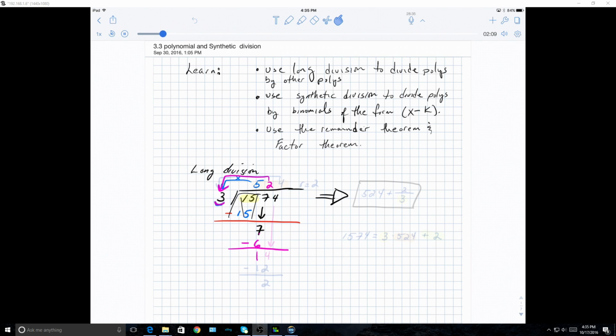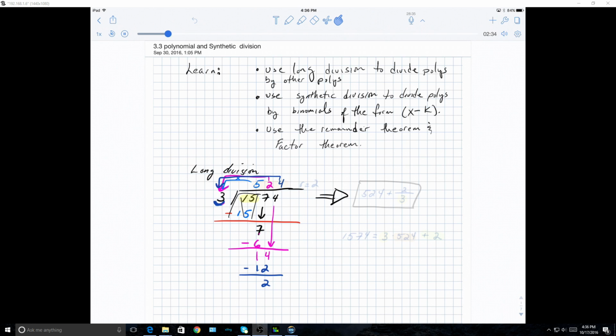We have a 1 this time, and now we bring down the 4. So now we ask ourselves, how many times does 3 go into 14? And we can go into it 4 times, so that 4, it's getting a little cluttered here, 4 times 3 is 12. Then we do the subtraction, and we have a remainder of 2.